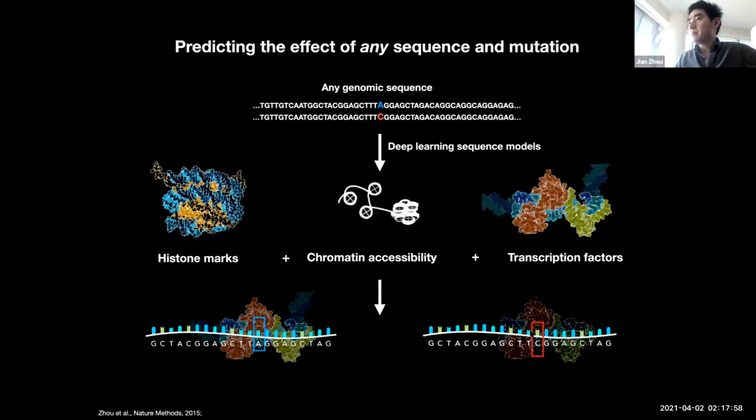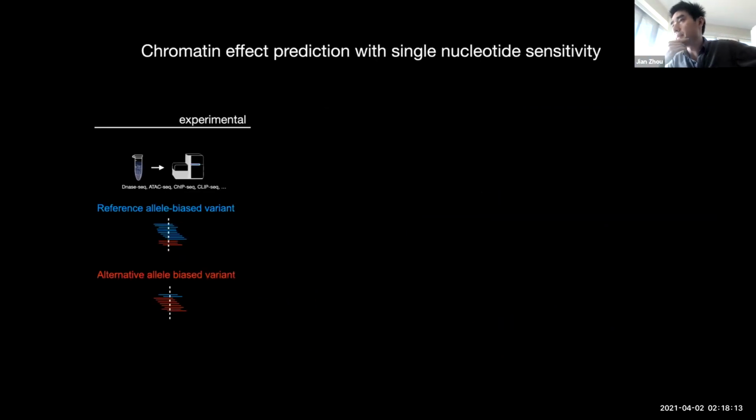At the time, there were not many, and actually even now there are not many, high quality examples of variants that change the effects at the chromatin level. So to address this, we looked into very deeply sequenced genomic data sets. Specifically in this example, we looked into the very deeply sequenced DNA-seq data set in about 30 cell types.